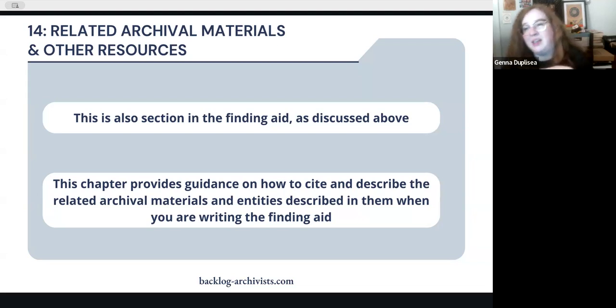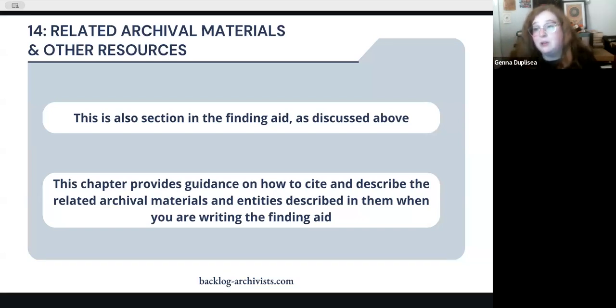So this is a bit more like, say, an MLA guide or a Turabian guide. Because all archives give different codes and titles to their collections, sometimes it might not seem totally standardized. But this section gives guidance on how to make sure that you are describing a collection in a standardized way so that a user can actually go find it.